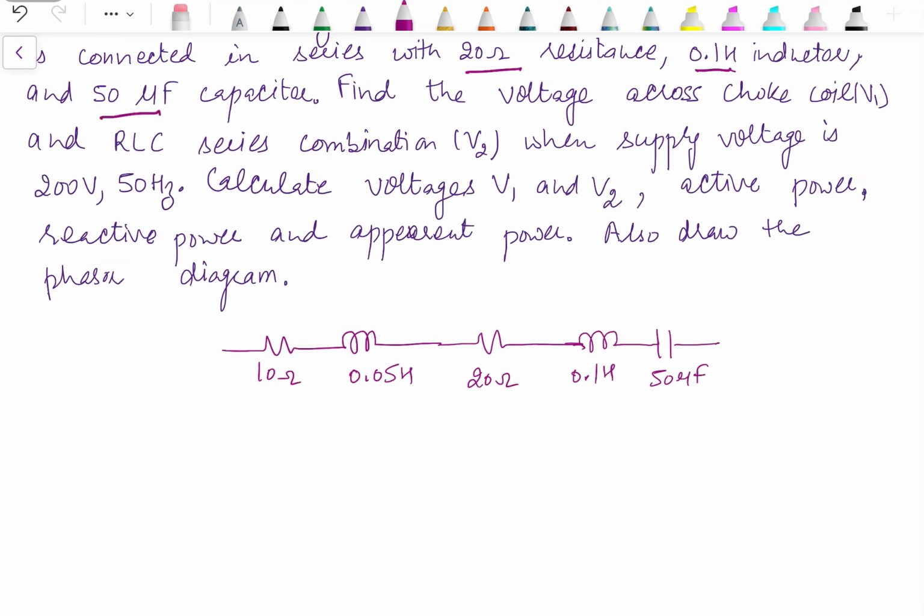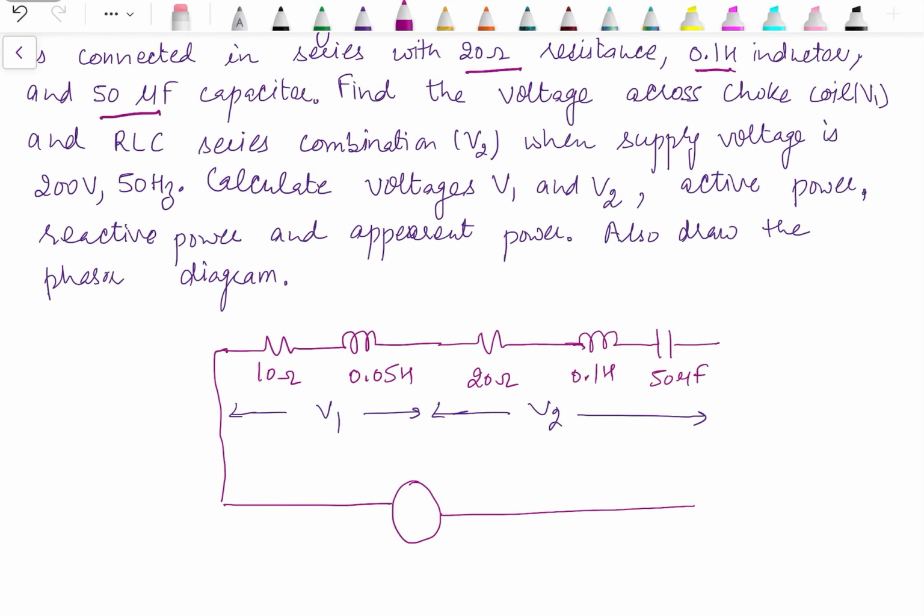We have to find the voltage across the choke coil, written as V1, and across the RLC series combination, V2, when the supply voltage is 200 volt, 50 hertz.